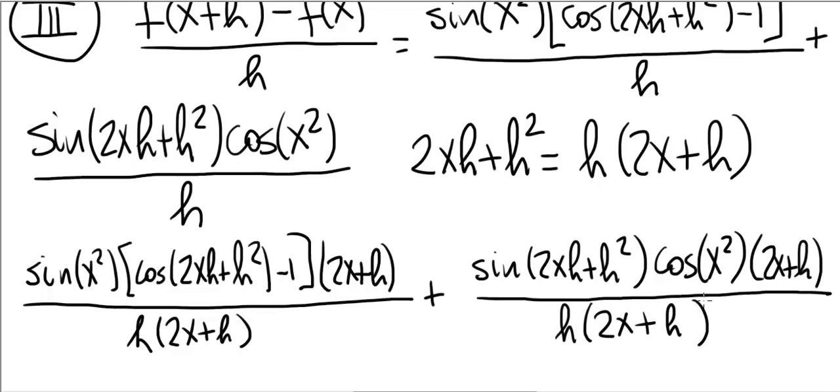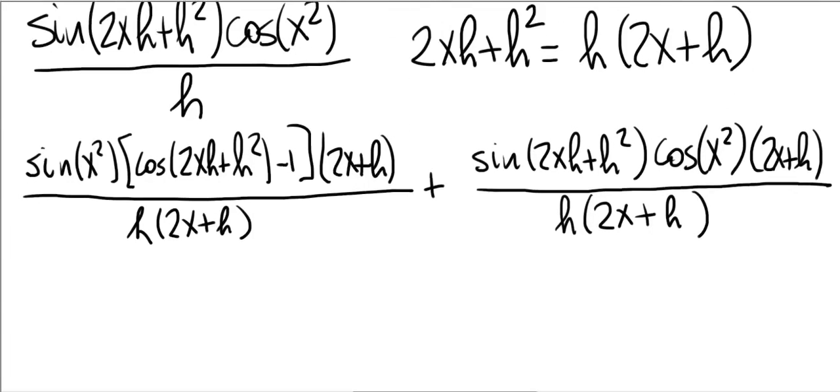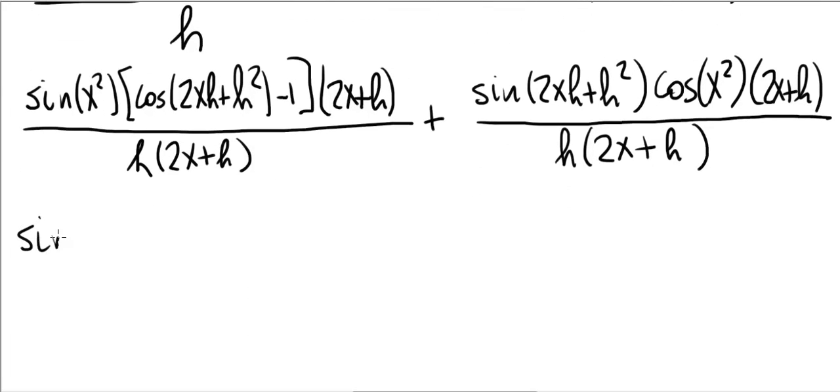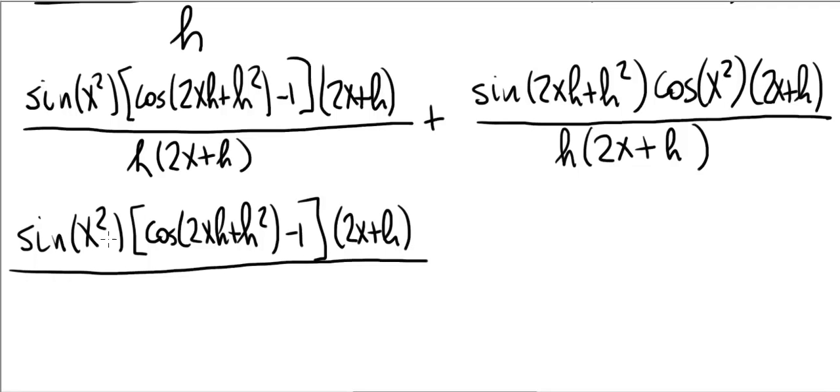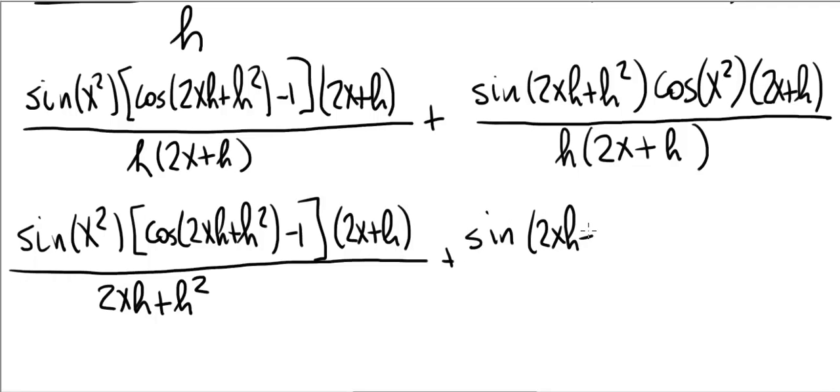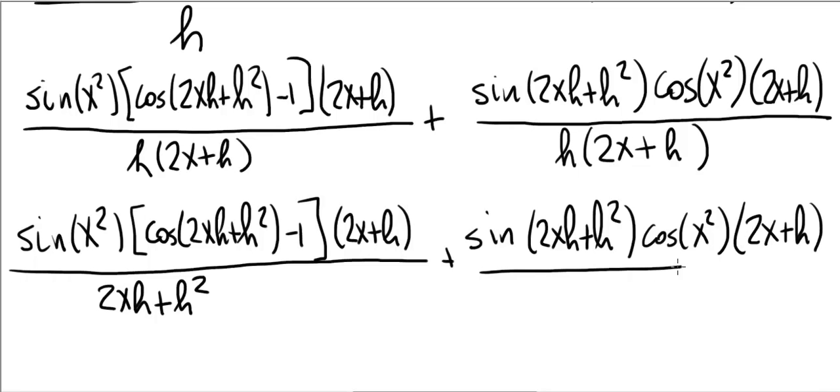Let's rewrite this one more time. In the denominator, h times 2x plus h is 2xh plus h squared, and that also divides the second term.